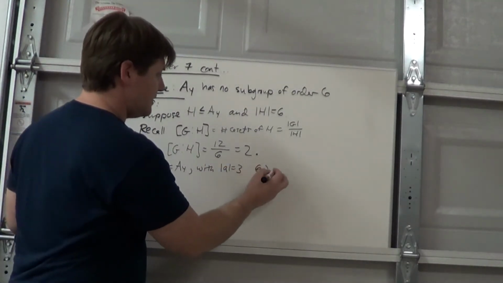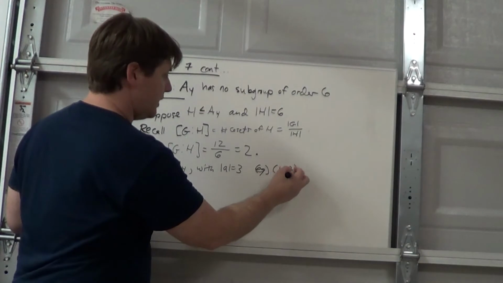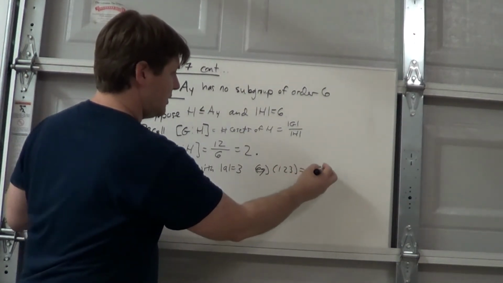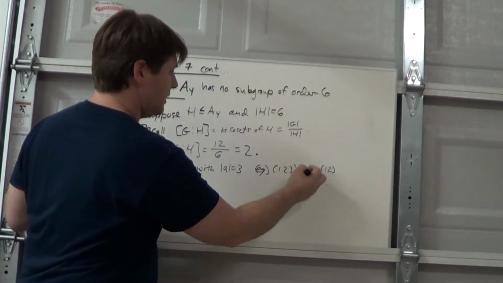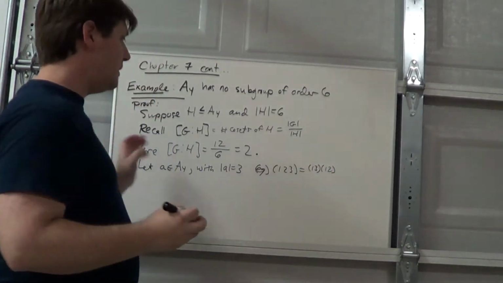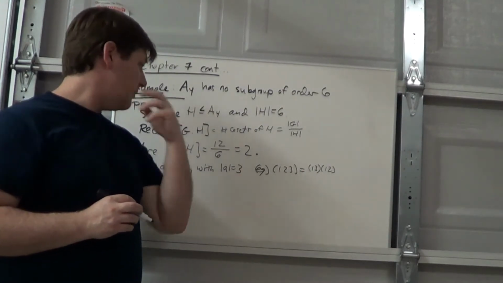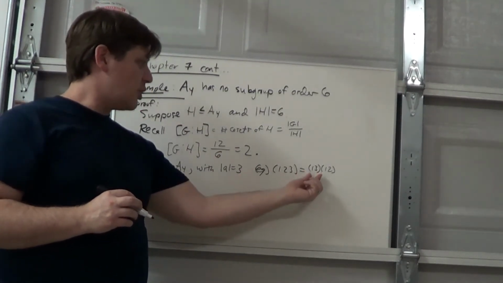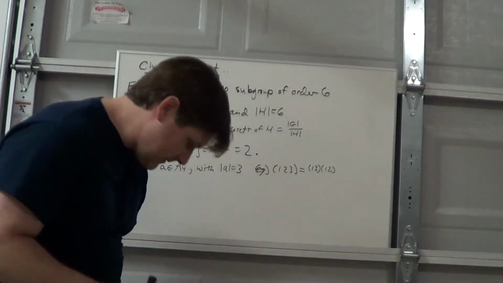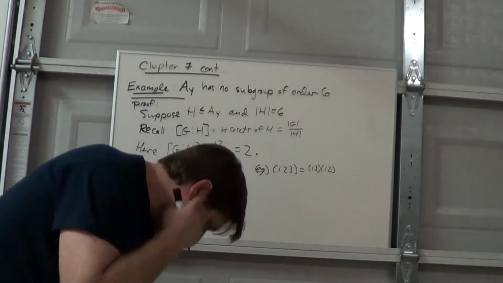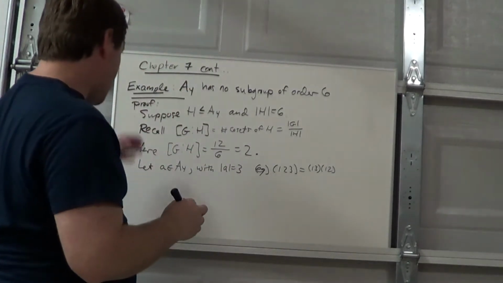For instance, (1 2 3). So 1 goes to 2, and then 2 goes to 3. It's an even permutation, right? Because we can represent it as the product of 2 transpositions. That's an even number of transpositions. Okay.